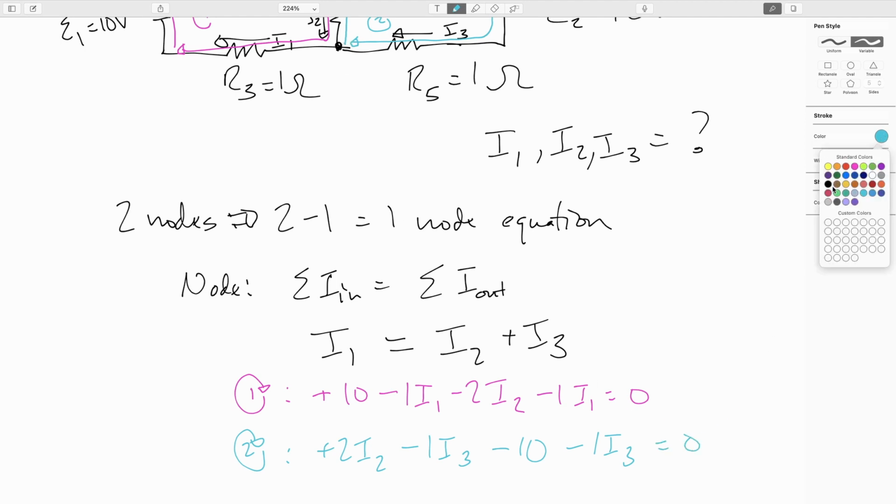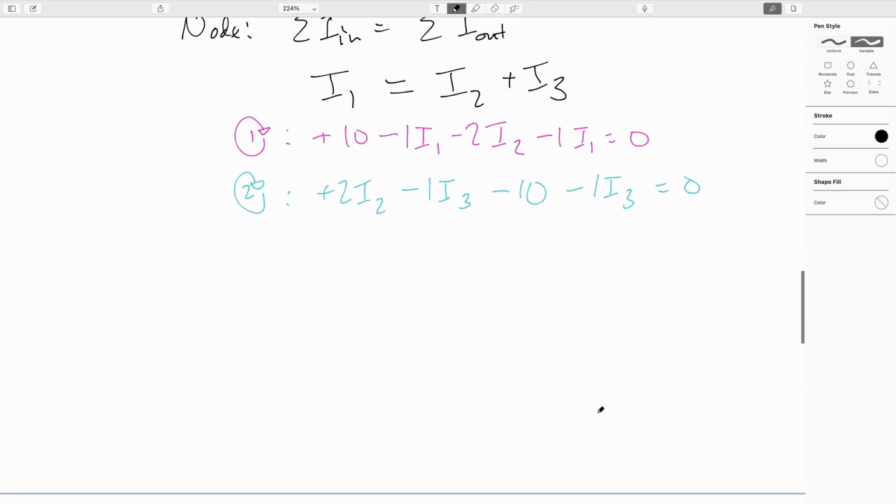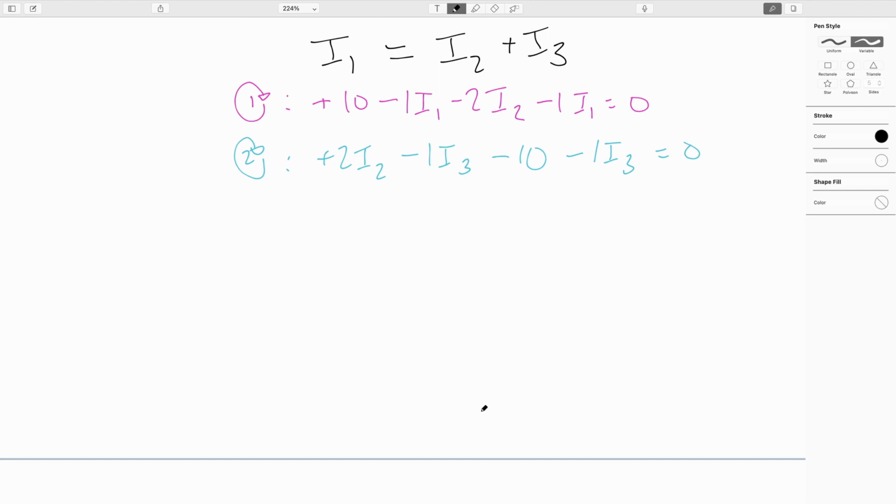So that is my system of equations. So I have 1, 2, 3 equations in our 3 unknowns, and we've done them in a way that guarantees that they're linearly independent.